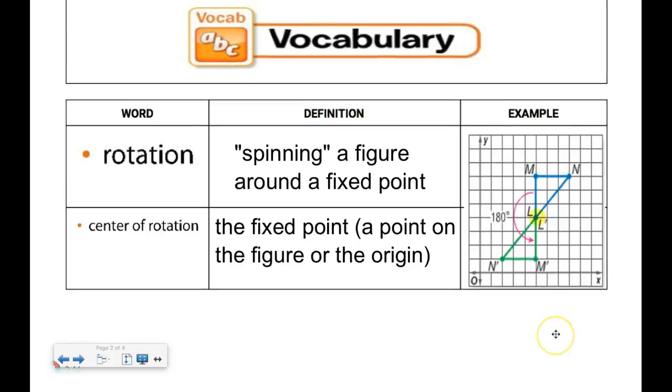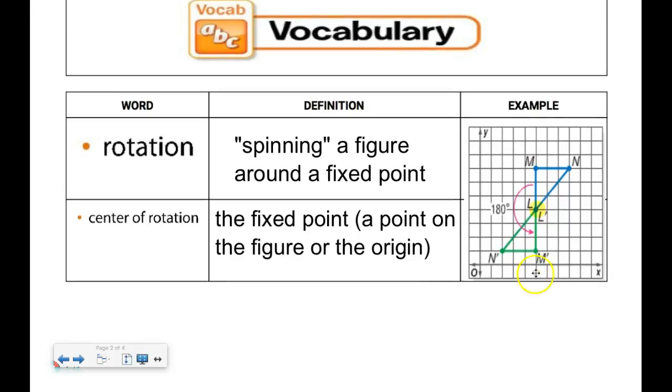So here's your vocab. I already have it completed for you, and I used a picture from your textbook to hopefully explain it a little bit better. I know it takes up both spots, so just bear with me there. First of all, rotation is a spin. So in other words, we're spinning a figure around a fixed point.